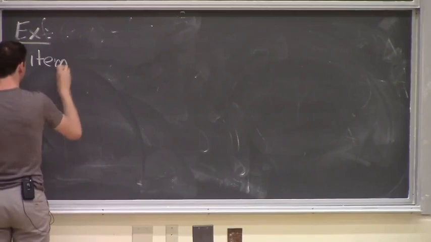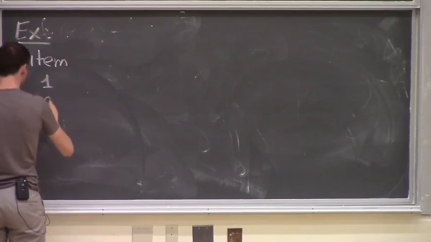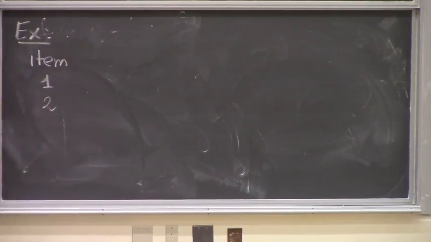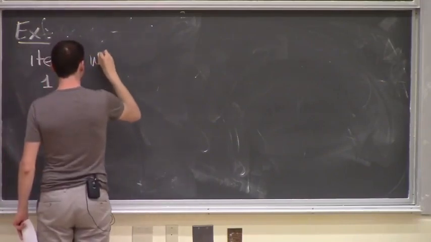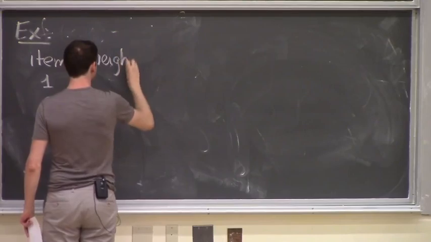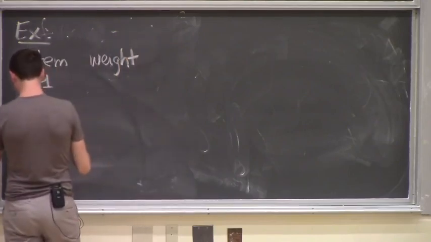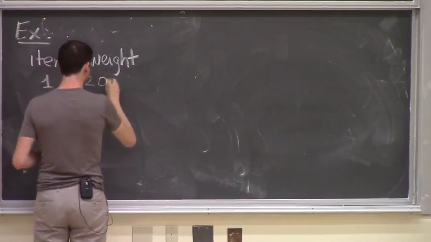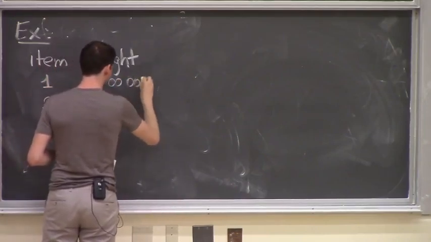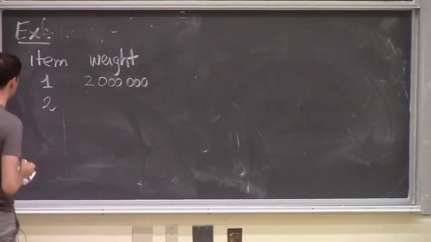So we're going to look at another knapsack. We're going to have only 2 items, item 1 and item 2. The weight for the first item is going to be 2 million, a very heavy item. You can think of a very large burrito or something like that.